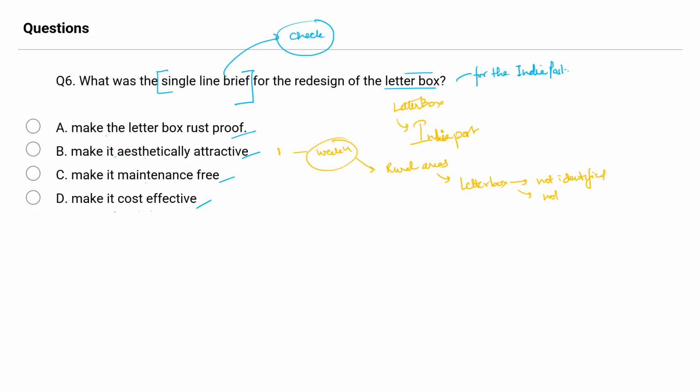Yes, because most of the people were biased with the old round shape and dome shape letterbox. So we have got one opinion with the logic saying that in rural areas, people were not relating this design to a letterbox. We'll come to this once again. Anyone else?